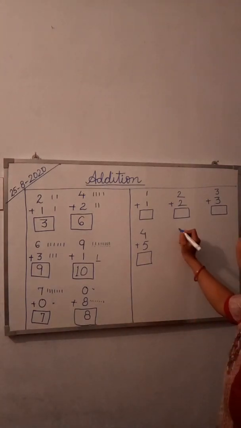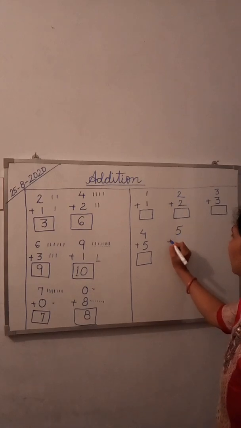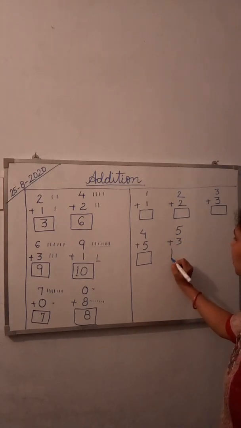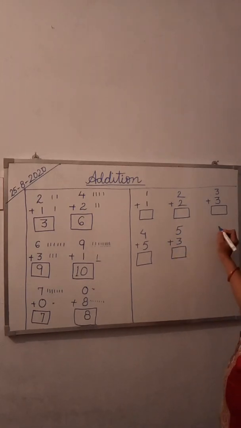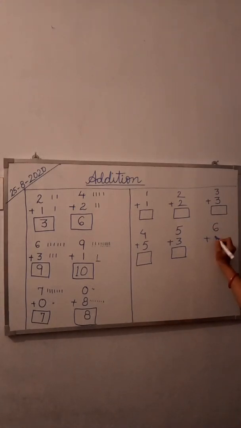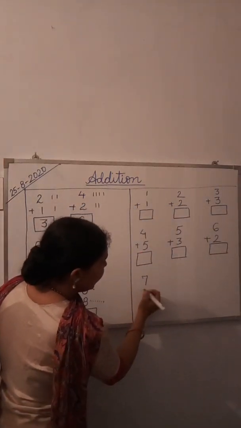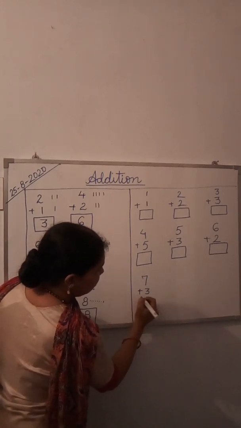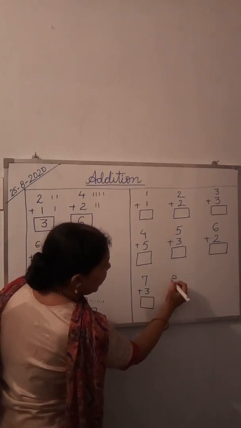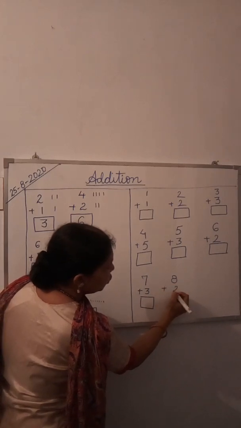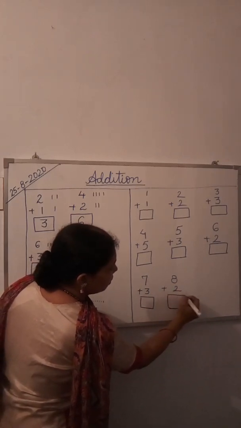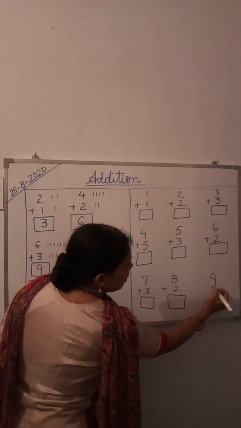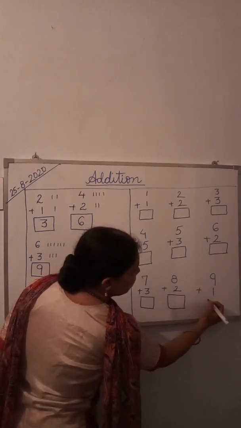Okay. Now 5 plus 3. 6 plus 2. 7 plus 3. 8 plus 2. 9 plus 1.